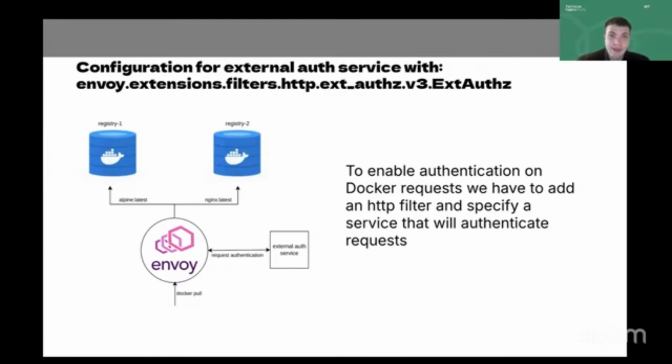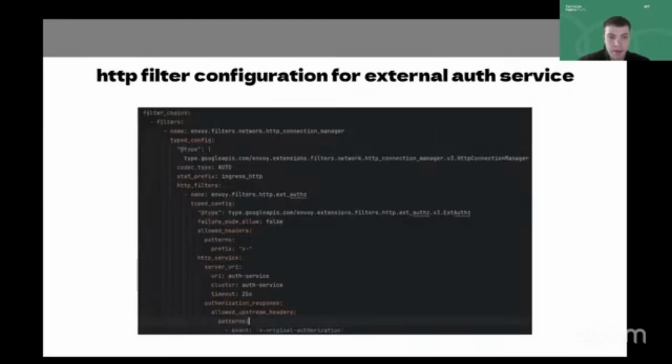To enable this, you have to add an HTTP filter and specify a service that will authenticate requests. An example configuration of an HTTP filter is shown on the slide. Let's take a look at this example configuration. This should be put under the HTTP filter section that we've seen at one of the previous slides.